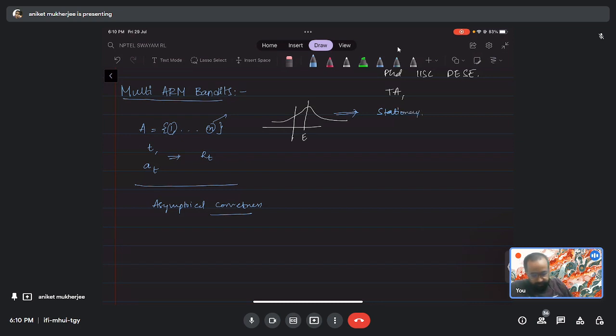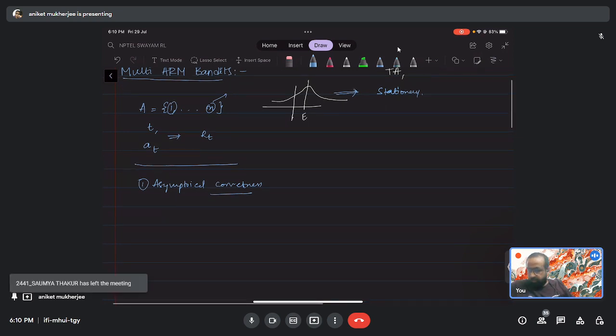So the first thing that you want to look at in multi-arm bandits is asymptotic correctness. So what does asymptotic correctness say?